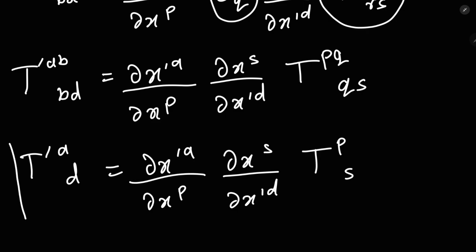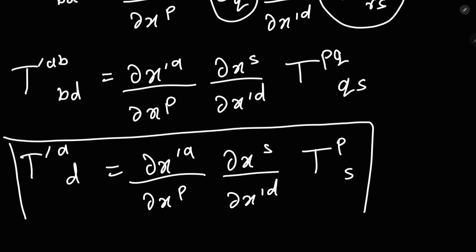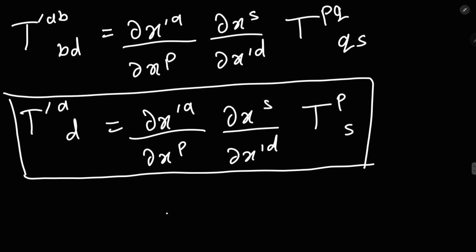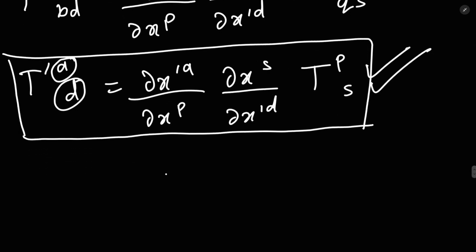So you can clearly see that T^A_D is indeed transforming like a mixed rank 2 tensor, where it's transforming contravariantly with respect to A and covariantly with respect to D. Clearly seen from this equation I've written in the box. So this just goes on to show that when we contract one lower and upper index, the resultant value is a tensor whose rank is 2 less than the original one, like I showed you.